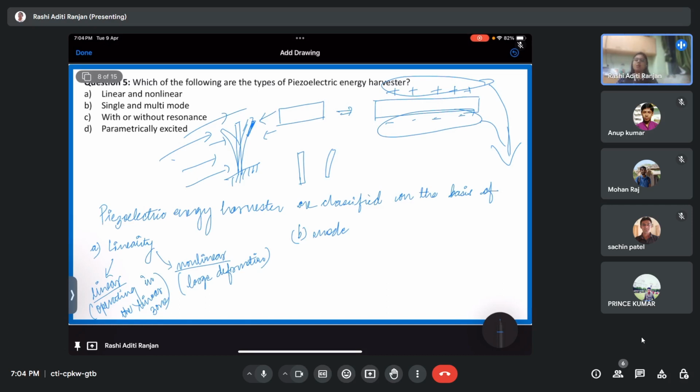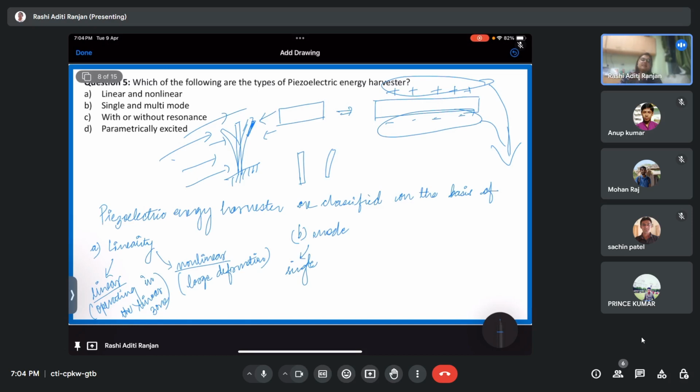Now, how is it my choice, single mode or multi-mode? So see, if I consider my system as a single degree of freedom system, I'll have a single mode. If I consider my system as a 2 degree of freedom system, I'll have two modes. And if I consider my system as a continuous body, which it actually is, it is going to have infinite degrees of freedom, which means it is going to have an infinite number of natural frequencies.